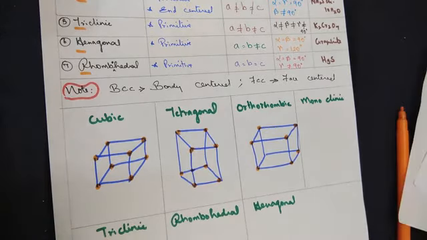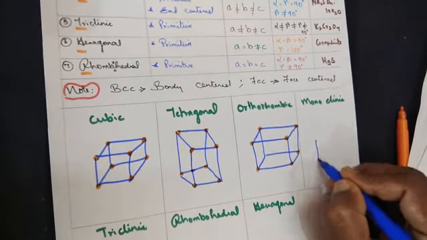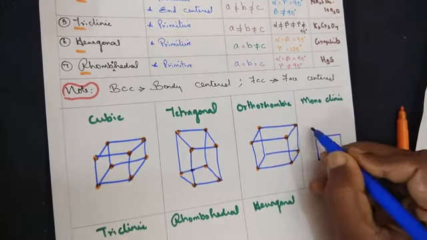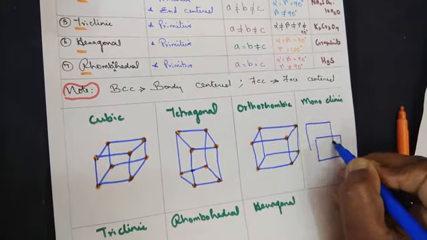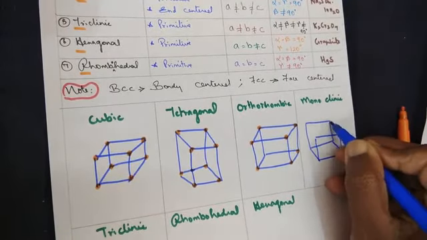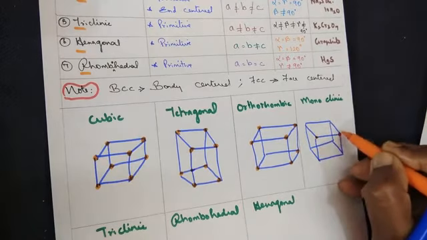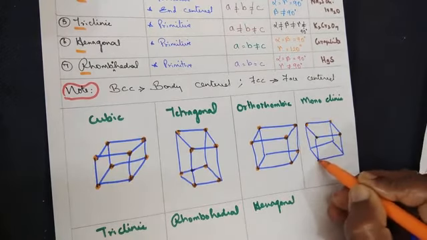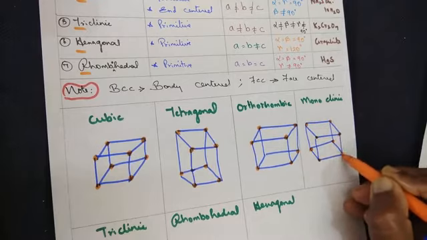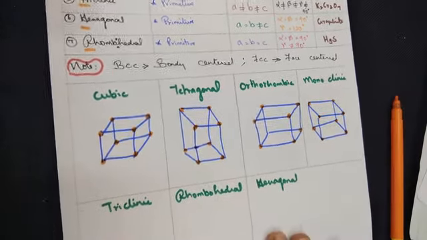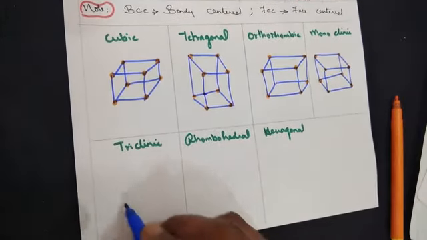Next one, we have a monoclinic. So this is the monoclinic structure of unit cell. Next we have a triclinic.